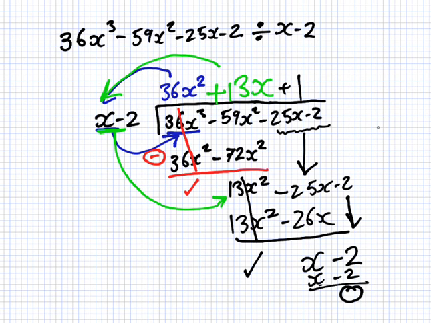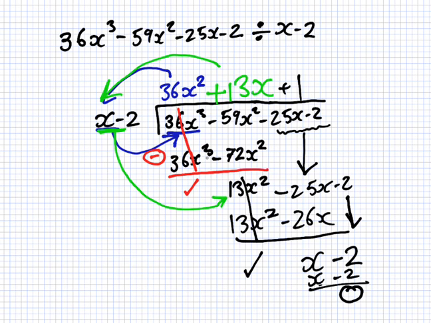You look unhappy, Amanda. Why will 36x squared multiply x minus 2 become 36x squared? That's bad handwriting. It's not a square, it should be a cube.